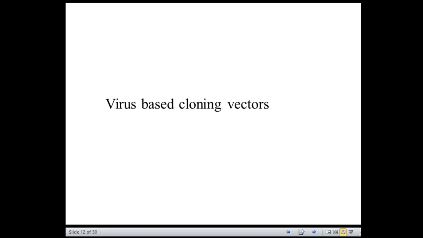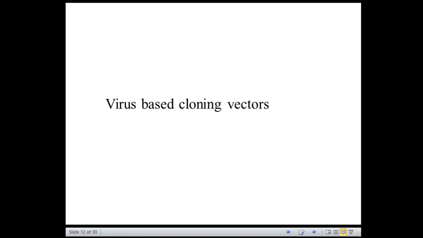So, inserts greater than 5 kilo base pairs in size increase plasmid size to the point at which the efficient cloning drops. So phages, that is the bacterial viruses, have been adapted as vectors in order to propagate larger fragments of DNA in bacterial cells.